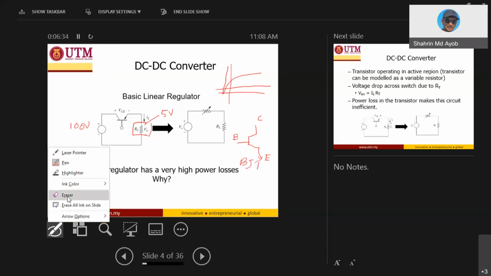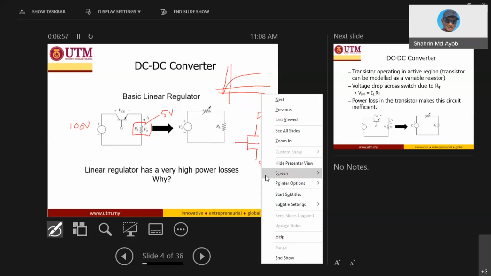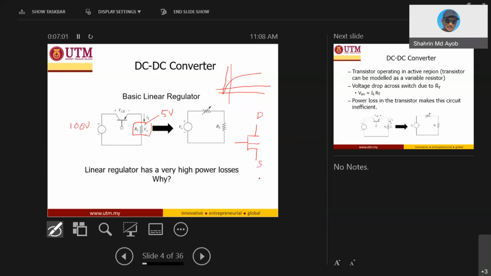If it is a MOSFET, for example, you have the drain, the source, this is your VGS and this is your VDS.